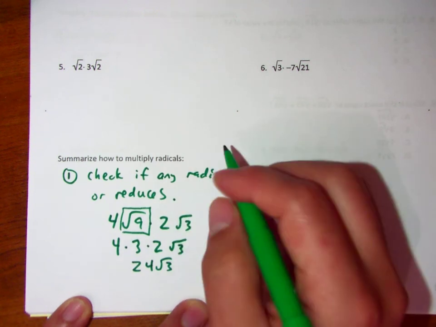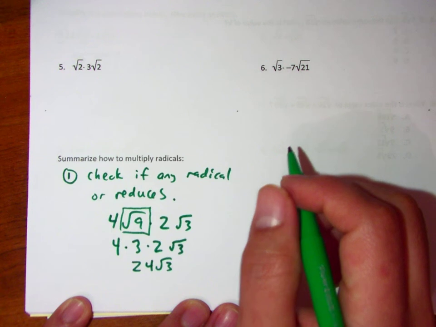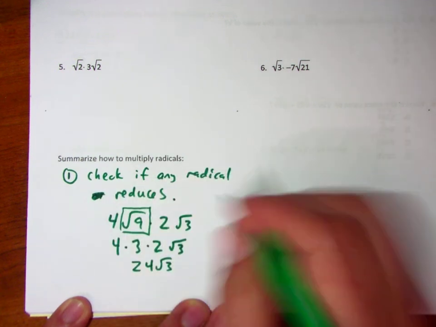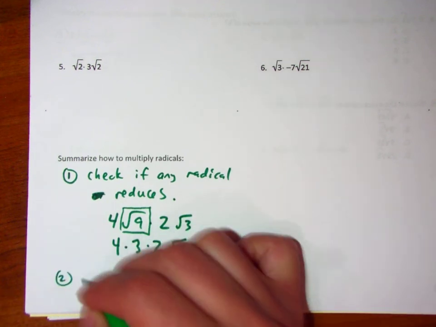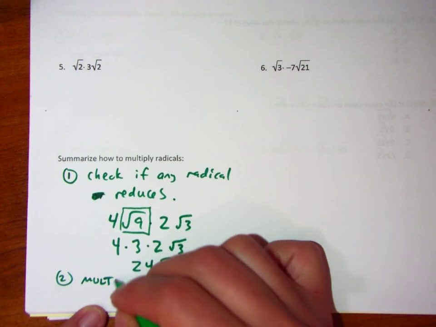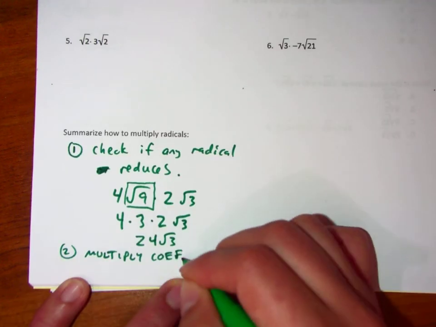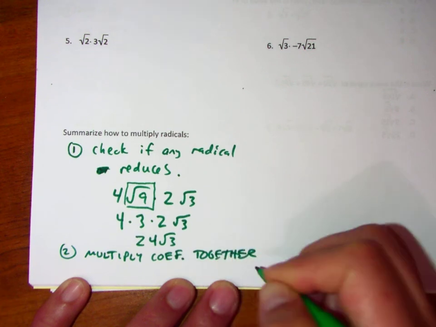So first you check if any radical reduces, and then you multiply coefficients together. So the numbers in front just get multiplied together.